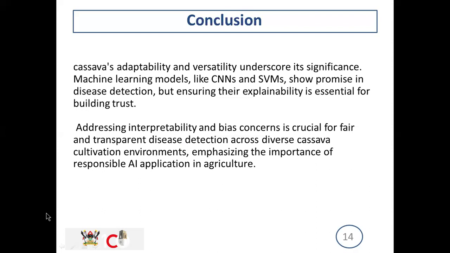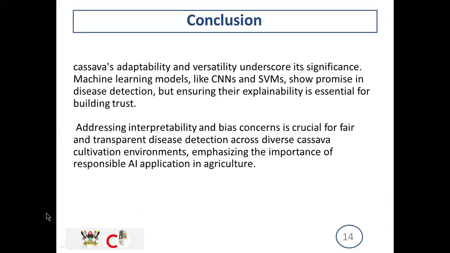Good evening, this is Ziwa Abdurrahman. In conclusion, cassava's adaptability and versatility underscore its significance. Machine learning models like CNNs and SVMs show promise in disease detection, but ensuring their explainability is essential for building trust.